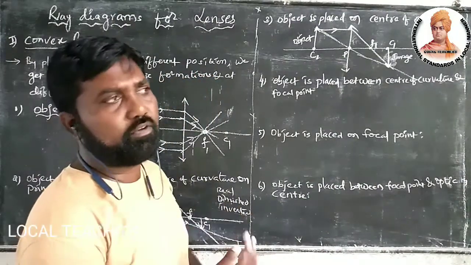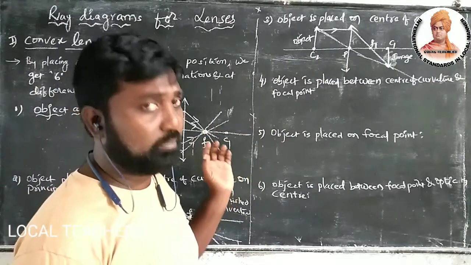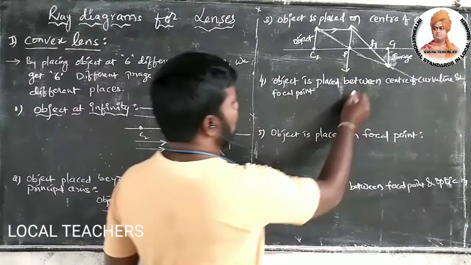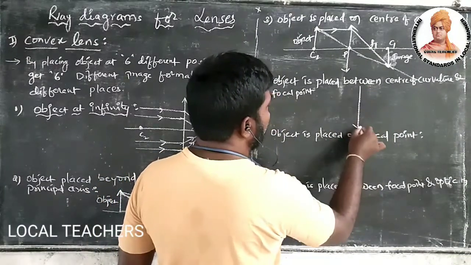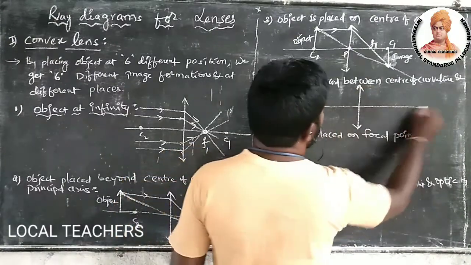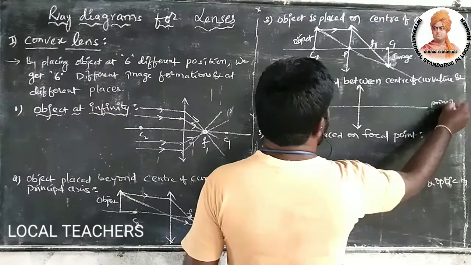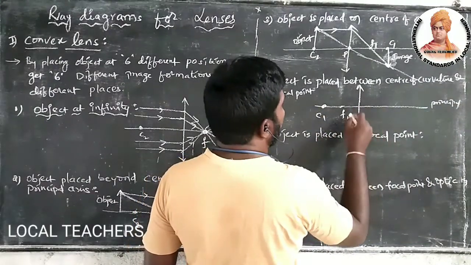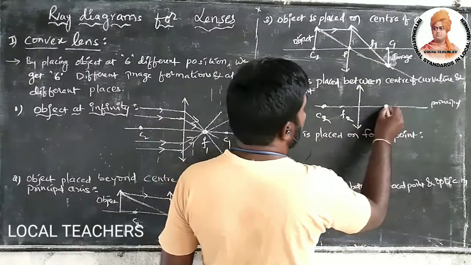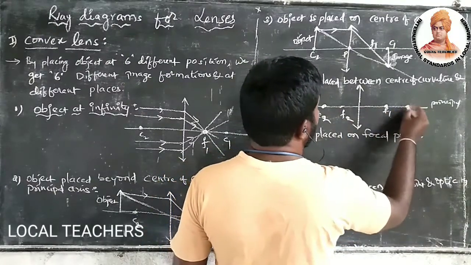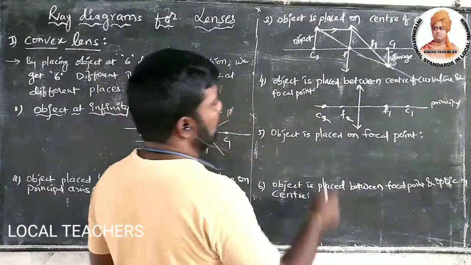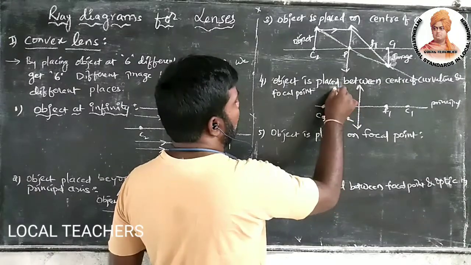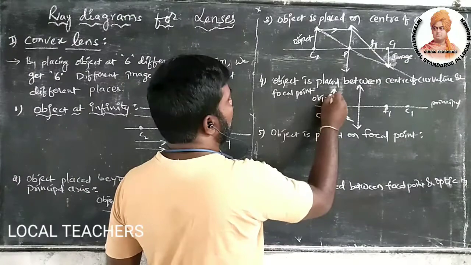Next, go for position 4. Here the object is placed in between center of curvature and focus. For that we draw the ray diagram. This is the convex lens and this is the principal axis. Here we place the object between center of curvature and focus.